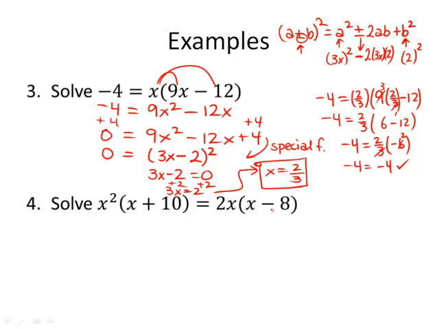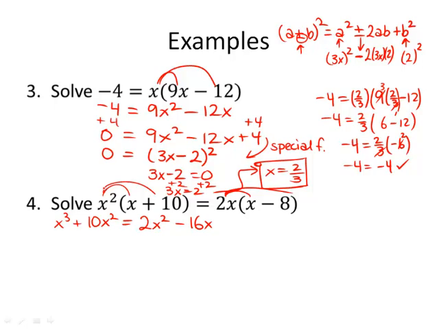Let's continue. Let's first expand everything here. So we got x cubed plus 10x squared equals 2x squared minus 16x. So remember to try these before I complete them so that you can see if you know how to do it yourself.